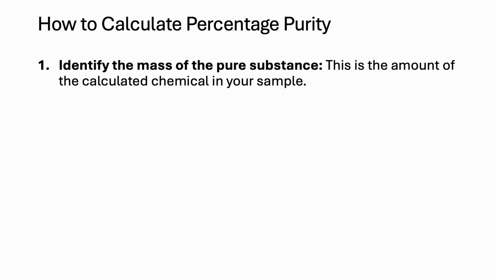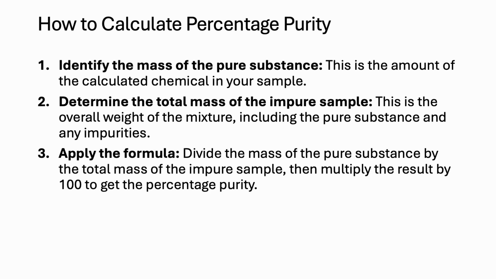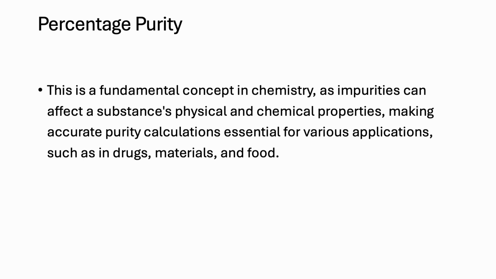Okay, first identify the mass of pure substance. This is the amount that is calculated in your sample. Then determine the total mass of the impure sample. This is the overall weight of the mixture, including the pure substance and any impurities, and apply the formula so we can get the percentage purity.